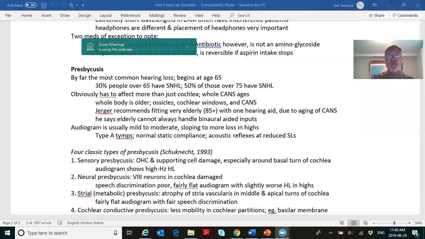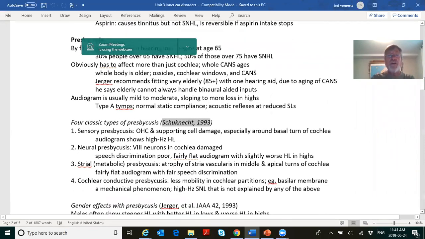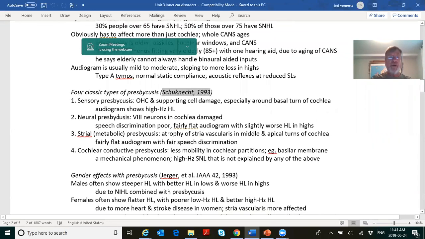All right, good. Share screen and look at the notes. Because now we've got to look at 4 different types of presbycusis, and these were classified by a guy who lived in a van down by the river, and his name was Schuknecht. Schuknecht was a doctor, an ear, nose, and throat doctor, I believe, and he coined 4 classic types of presbycusis in cadavers.